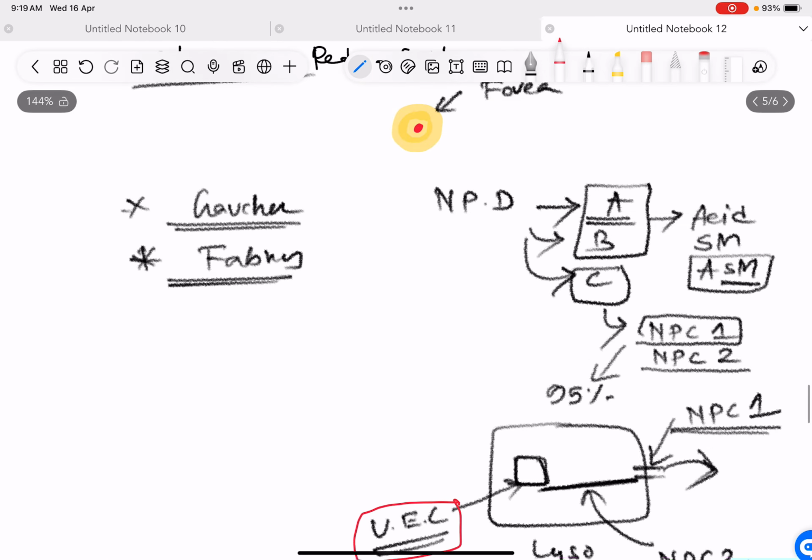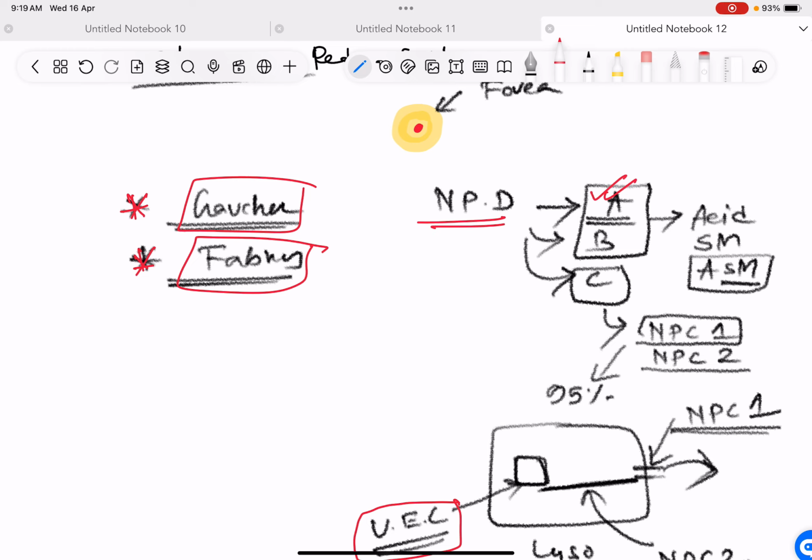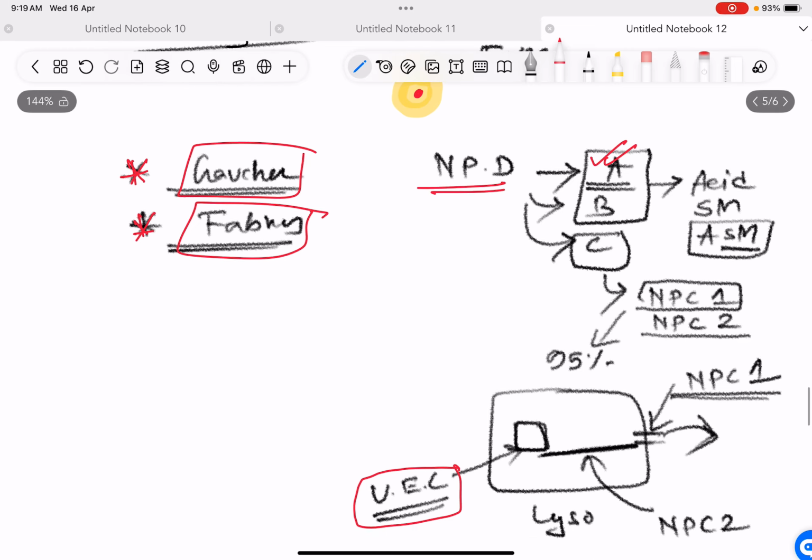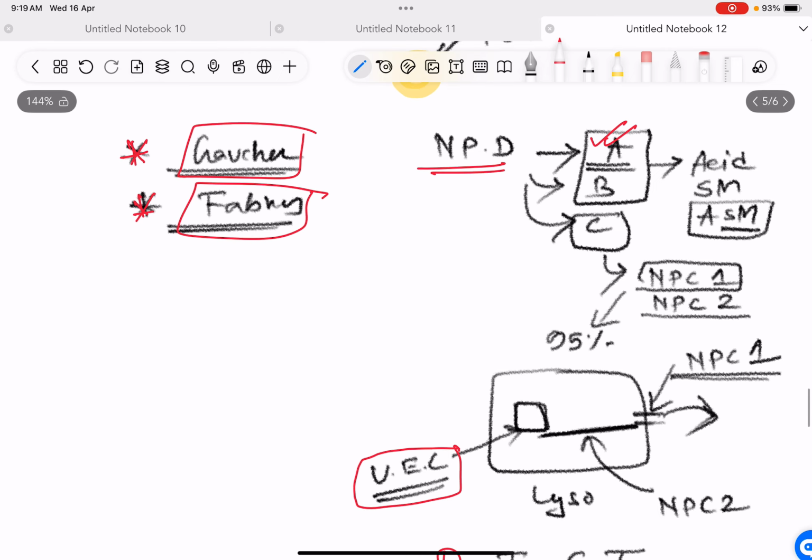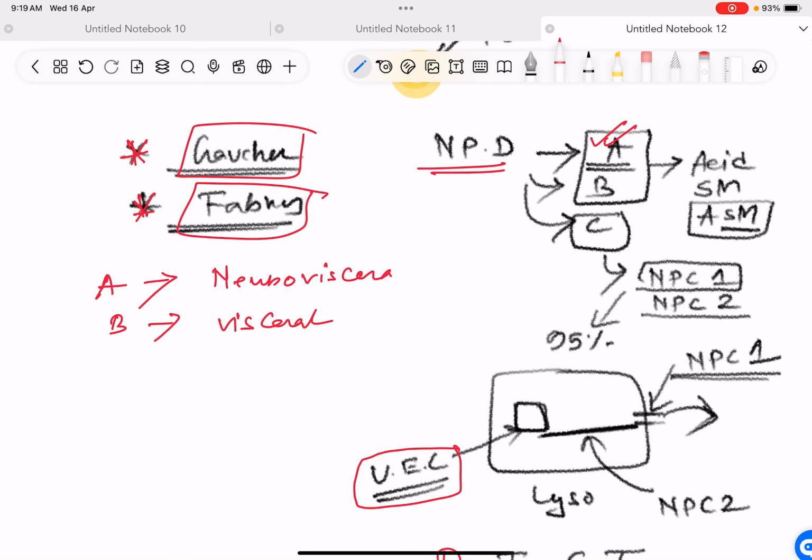So in Gaucher and Fabry disease, which is X-linked, we don't see cherry red spot. But in Niemann-Pick disease, specifically type A, why? Type A and type B are due to the same enzyme deficiency, so what is the difference between the two? Type A is the neuronal form, known as neurovisceral.